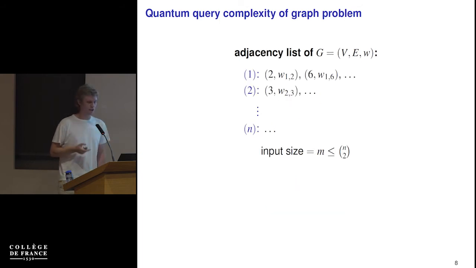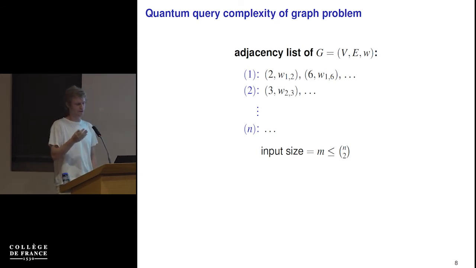Then there's the second model. Like I mentioned before, also classically, when we talk about a graph, typically the description size of a graph scales with m, the number of edges. This is basically what we mean when we talk about an adjacency list of G. Every vertex carries a list of all its neighbors and the weights of the corresponding edges.